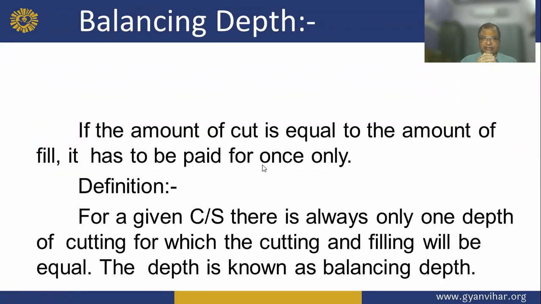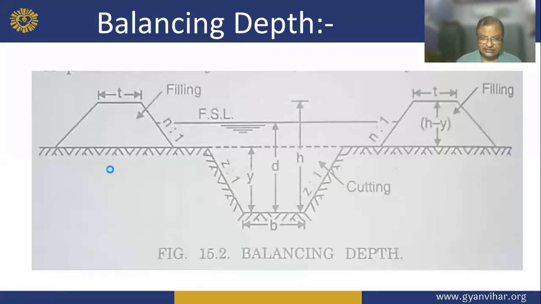Now if the amount of cut is equal to the amount of fill, it has to be paid for once only, and you can see this is the canal cross section. Just as I was telling, this is the balancing depth. Balancing depth means it is partial cutting and partial filling.